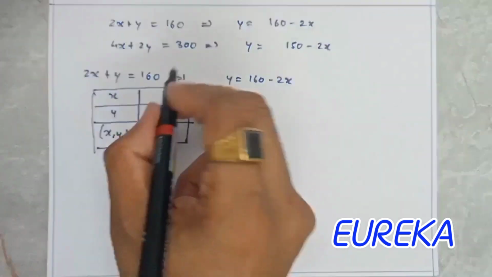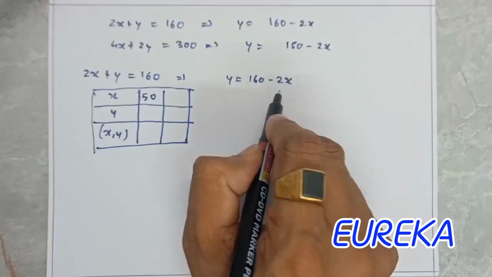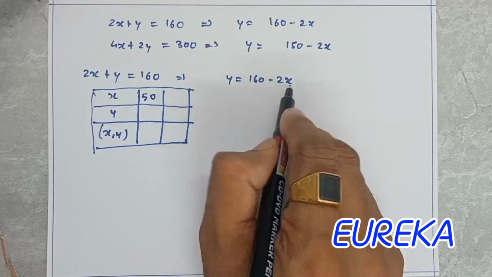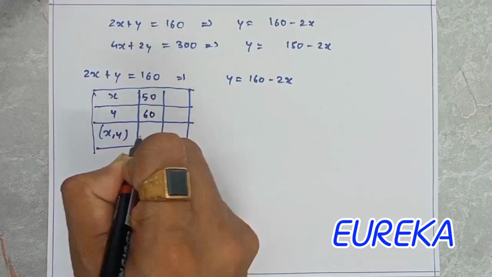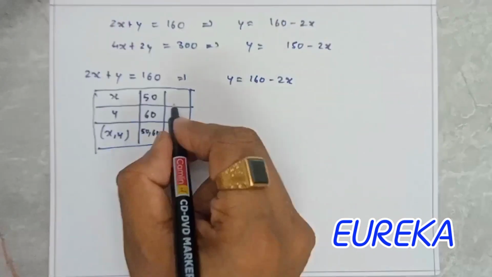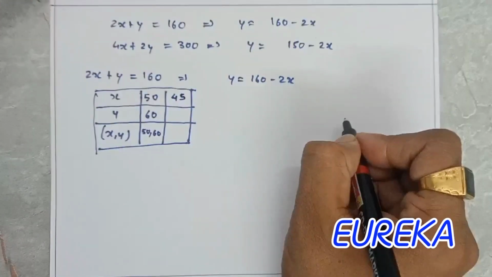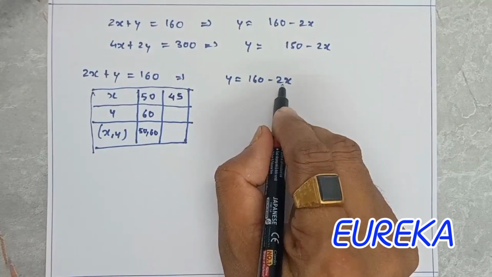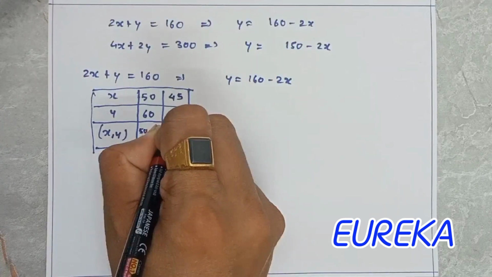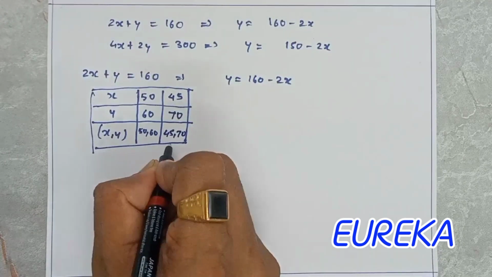If I put x equals 50, 50 into 2 is 100, so 160 minus 100 gives y as 60. The coordinate will be (50, 60). If I take x equals 45, 45 twos are 90, so 160 minus 90 is 70. So we get two solutions, (50, 60) and (45, 70).